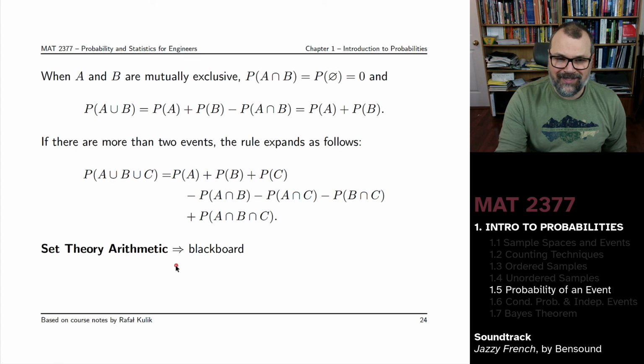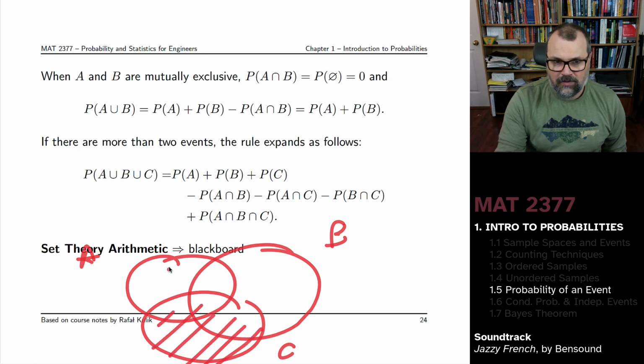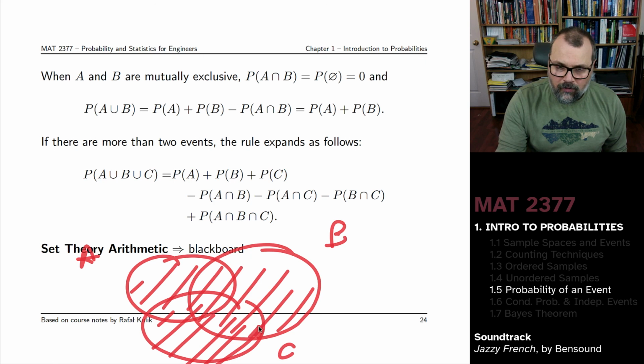Set theoretically, imagine that this is A, imagine that this is B, imagine that this is C. So you add up all the A's, all the B's, all the C's. By doing so, you've double counted this area, but you've also double counted this area, double counted this area, so you'll remove them.